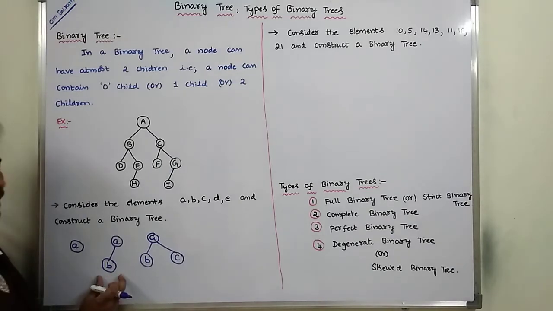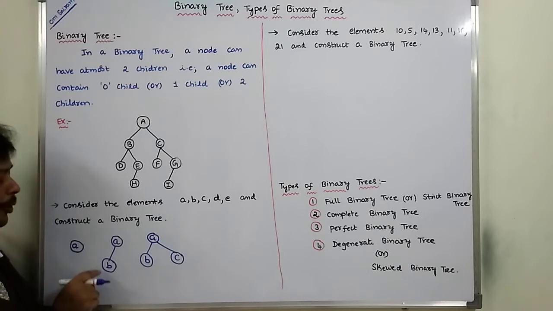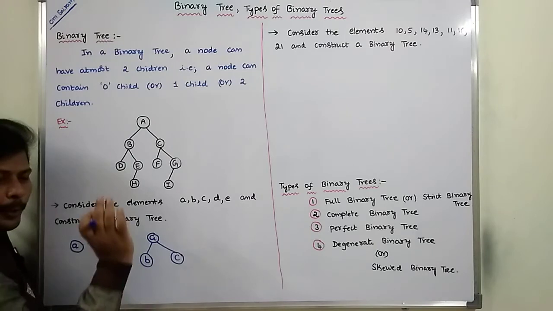Now consider this one. Node A has only 1 child. Node B has 0 children. It satisfies the binary tree property.